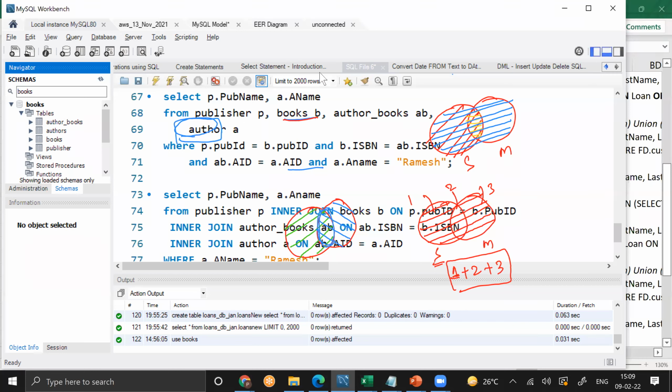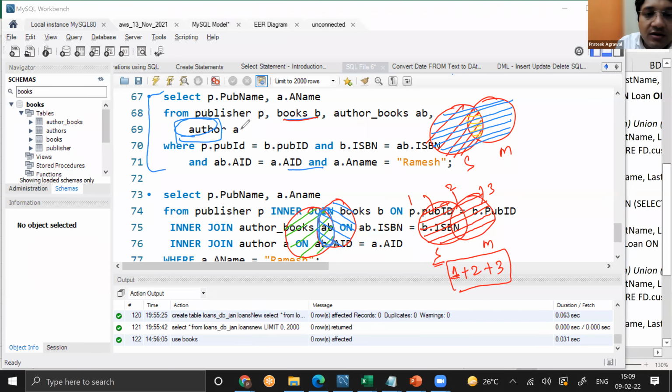Especially if you look at this one, this is the same as the previous method: table 1, comma table 2, where table 1 dot common column is equal to table 2 dot common column. Now here we have added two more tables. So we said and table 2 dot common column is equal to table 3 dot common column, and table 3 dot common column is equal to table 4 dot common column. And we have added one more condition.